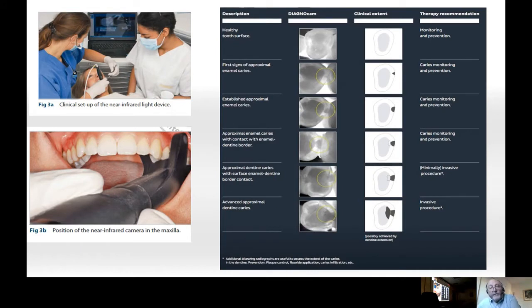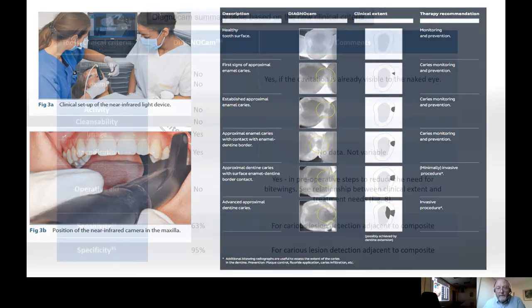But DIAGNOcam transillumination, for the practitioner, they should correlate the given DIAGNOcam caries level with the percentage risk of cavitation, and the treatment is based using the DIAGNOcam classification of finding. That's the point.